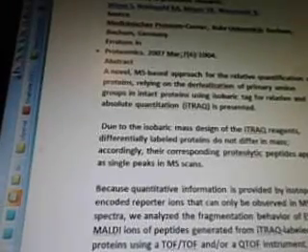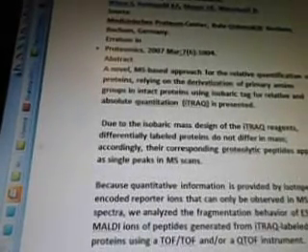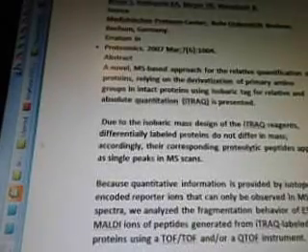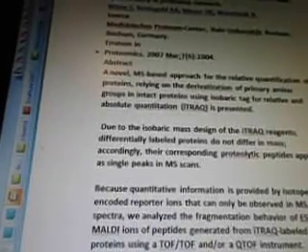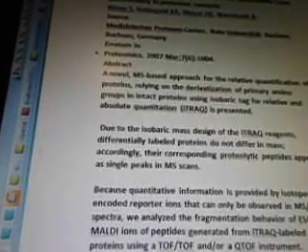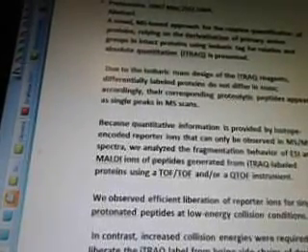The abstract is a novel MS-based approach for the relative quantification of proteins, relying on the derivatization of primary amino groups in intact proteins using isobaric tag for relative and absolute quantitation. iTRAQ is presented. Due to the isobaric mass design of the iTRAQ reagents, differentially labeled proteins do not differ in mass.